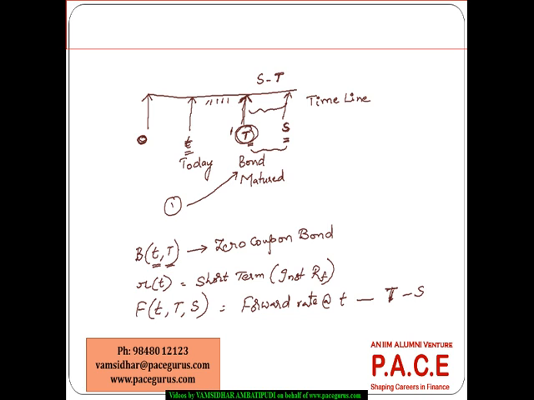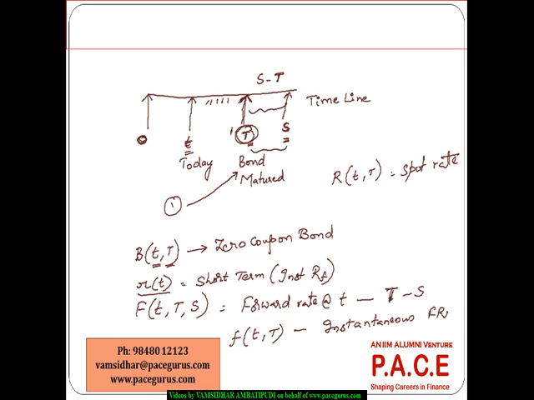That is what we call the forward rate between those particular points in time. But if I denote only T without S, then it means it's an instantaneous forward rate, f(t,T). And instead of small r, if I write capital R(t,T), we call that the spot rate. So these are the various definitions.